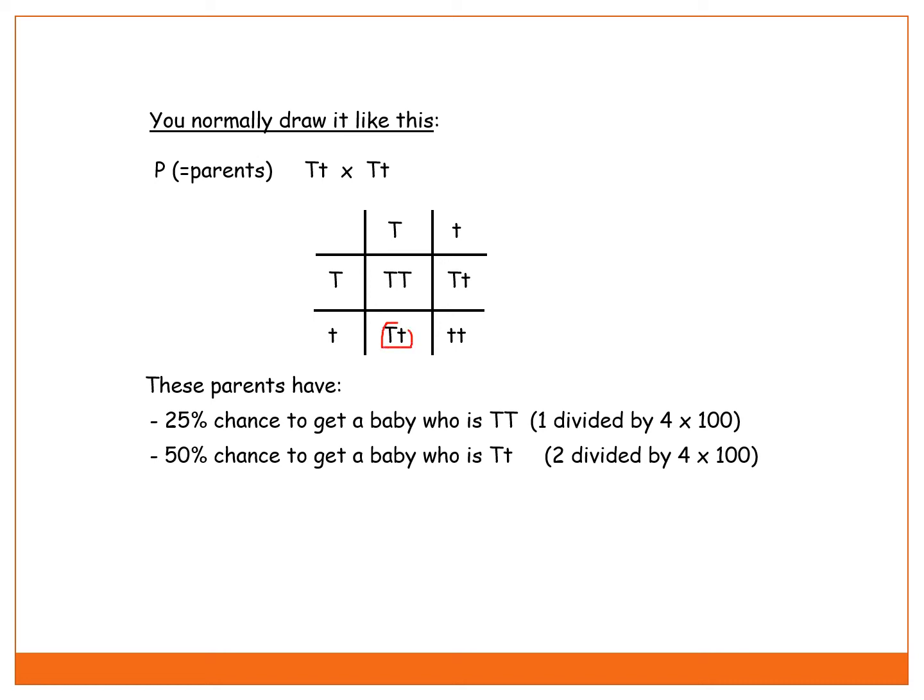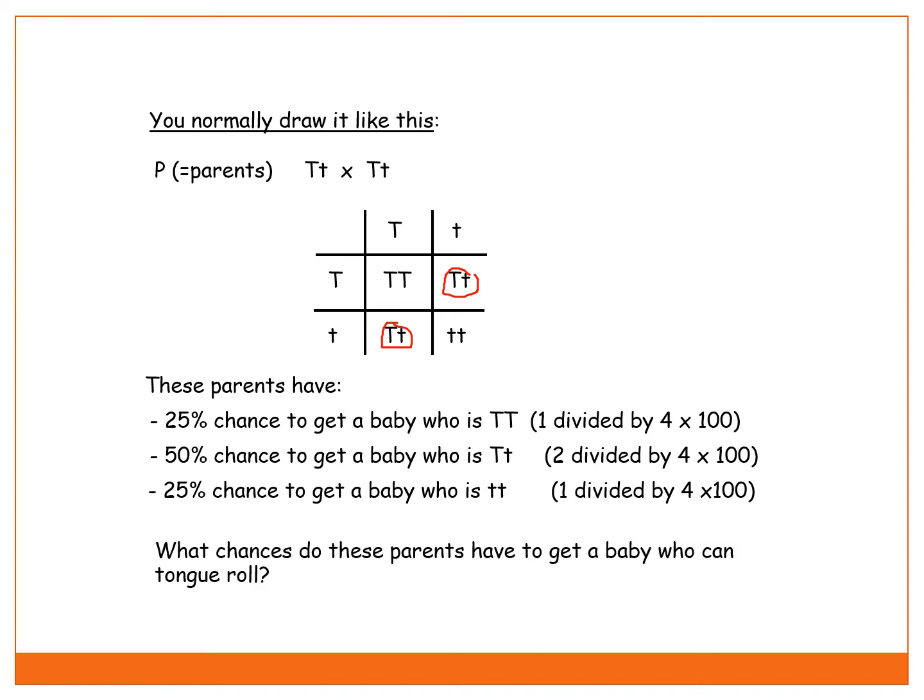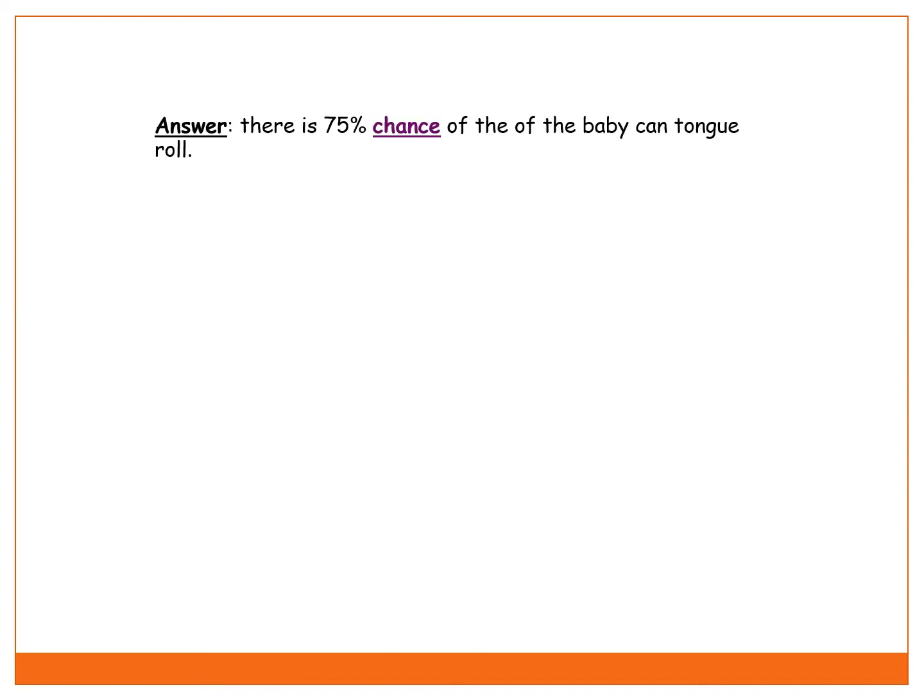So 2 divided by the 4 times 100 gives you a half of 100. And then you've got your 25% chance of getting a baby with small t small t, so that would be a quarter of 100. So what chance do the parents have of getting a baby who can roll its tongue? It would be a 75% chance of the baby rolling its tongue.